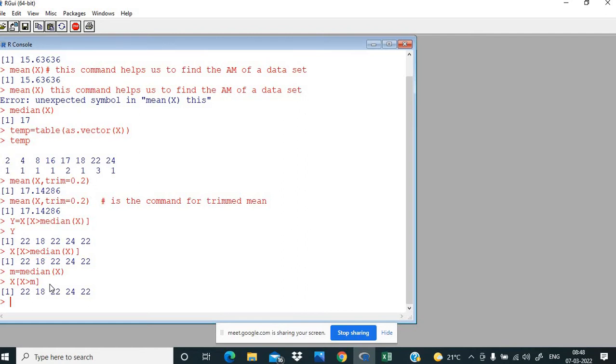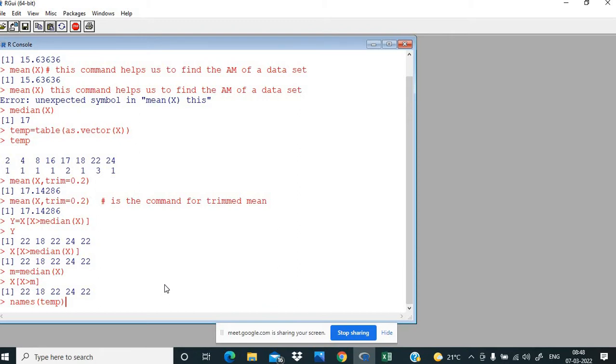If you have a very big data set and you are lazy and you don't want to find out, then also there is a command. That command is names, and then within bracket temp, because temp is that value where you have stored the table. That means names temp, then you are asking that from the temp data set I want one name.